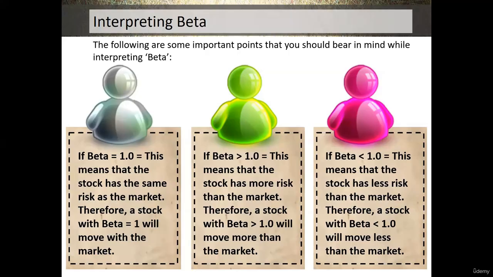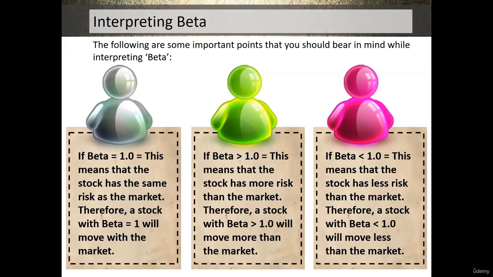So my stock will increase by 9% only. So these stocks which have a beta of less than 1 are called defensive stocks. Those stocks which have a beta of higher than 1 are called aggressive stocks, and those with beta equal to 1 are neutral. Okay, so that is one thing.